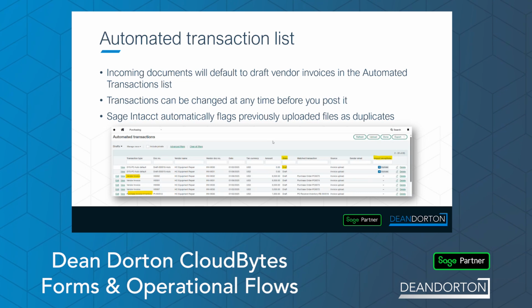If it senses you've got that same file and you just accidentally sent it in, or maybe the vendor sent it to you twice by mistake, it will flag those as previously uploaded files. But they will come in as draft, and it will try to read those invoices just like it does now, and it will try to match them back into the purchasing process.